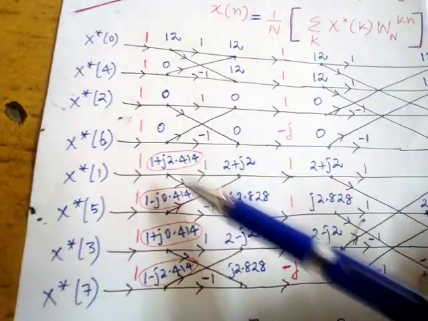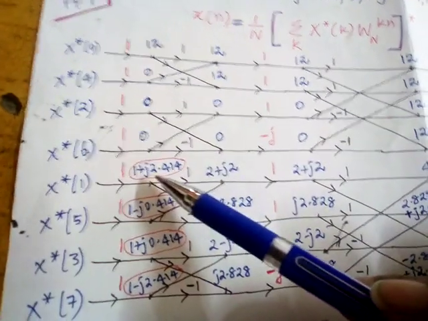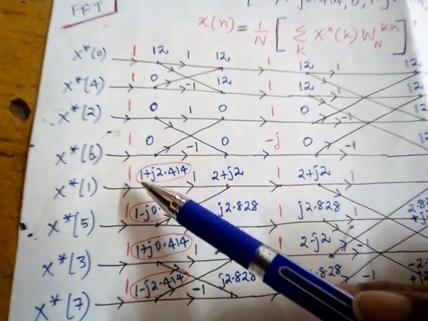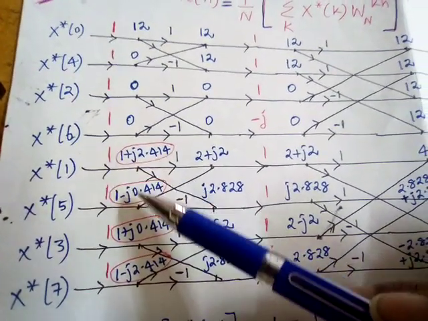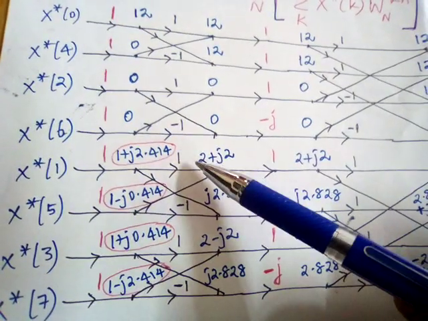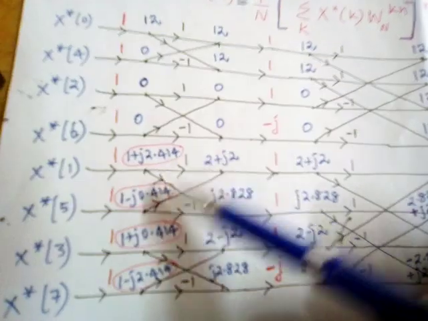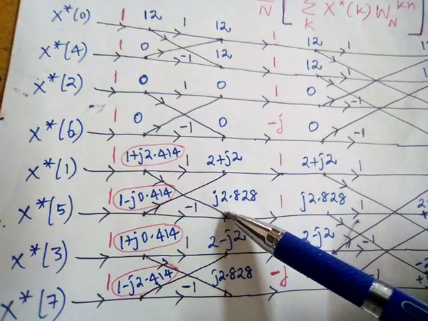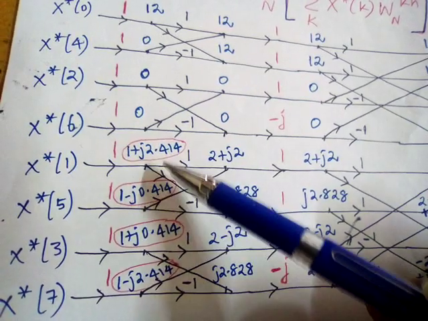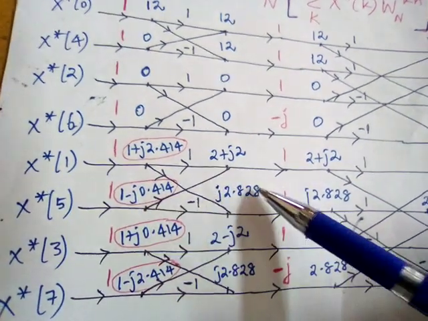So here in this problem we see the imaginary part coming into the picture. So far we have seen only the real part. So this is a complex number which has a real and imaginary part. So a plus b. When you do a plus b here, 1 plus 1 is 2, and j2.4 minus j0.4 is j2, and this point is a minus b. 1 minus 1 is 0, real part is 0, imaginary part, this minus becomes plus, so this becomes j2.828.